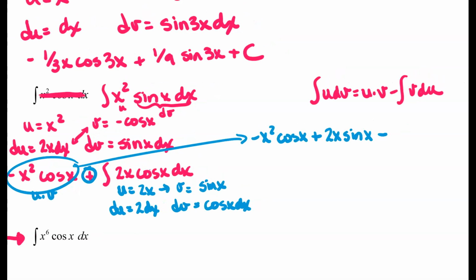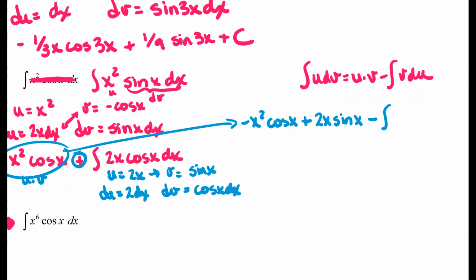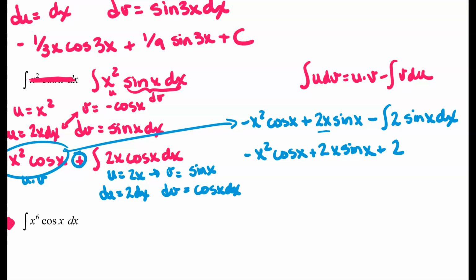And then minus v du gives me 2 times sine of x dx. So as you can see here, we're going down in power. We're going from x squared to 2x to 2. And that's what we needed to happen. So to finish this up, negative x squared cosine of x plus 2x sine of x plus 2 cosine of x plus c. Not so bad.